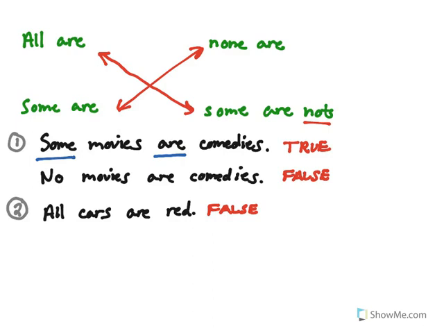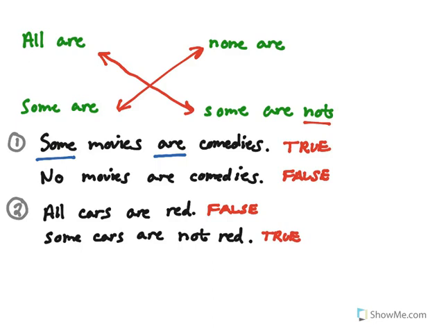If you want to negate this, then you can say, some cars are not red. All right? And that is a true statement. Okay, so all cars are red. We know that's false. Okay, there are many different color vehicles out there.